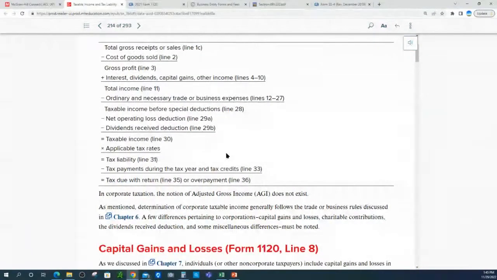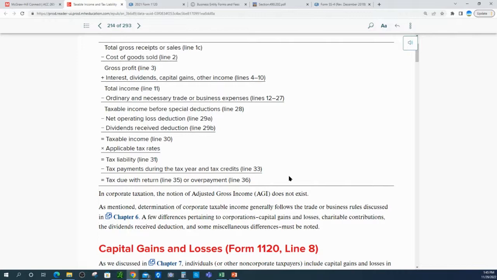And we've got this dividends received deduction, which we will also talk about. This only applies to corporations. You don't see this anywhere else, this dividends received deduction. And I'll explain what it is and why corporations get it and the rest of us don't.